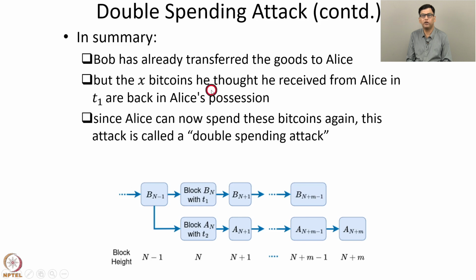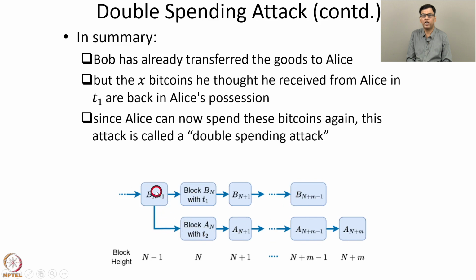Now one remark on the double spending attack is that to implement such an attack, clearly a miner must have a lot of resources. So in this example, Alice must have a lot of mining resources, because all the other miners except Alice are trying to extend this upper branch, but Alice is the only miner who is trying to extend this lower branch.